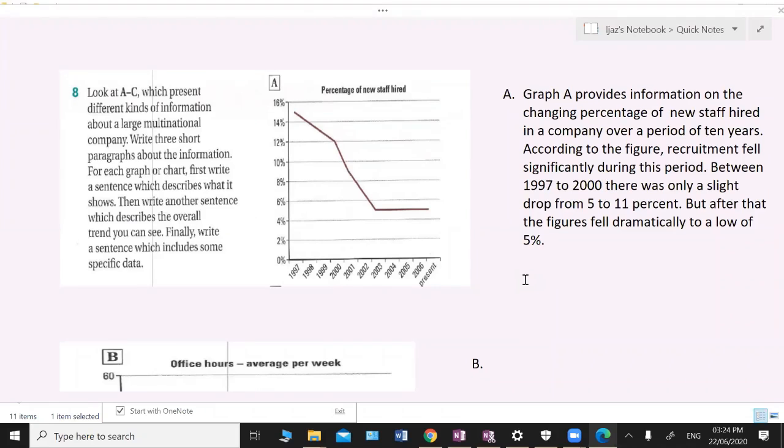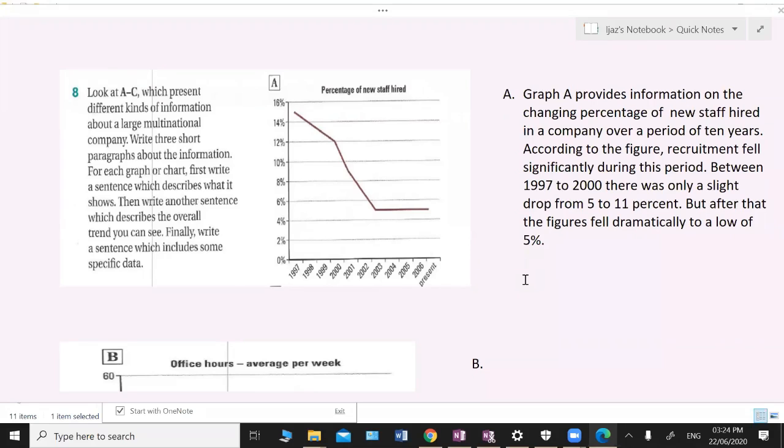In 1997, the staff hired percentage was about 15%. And in 2000, it dropped to 12%. And from 2000 to 2003, it fell dramatically. There was a sudden fall, and it reached only 5%.